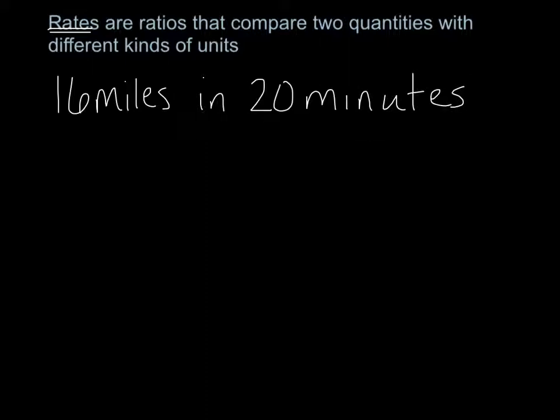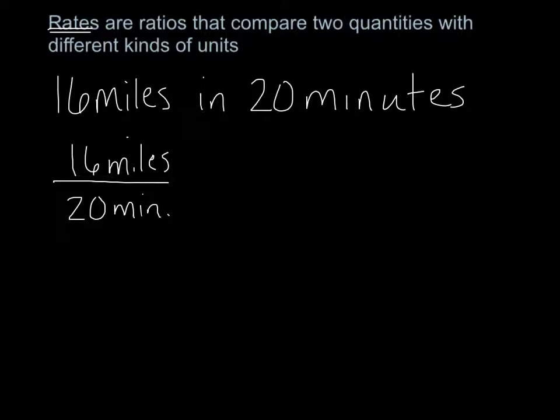Now this is a pretty common type of rate because it's telling how far someone travels in a certain amount of time. So if we have 16 miles in 20 minutes, we could express it as a rate or a ratio by doing 16 miles over 20 minutes.